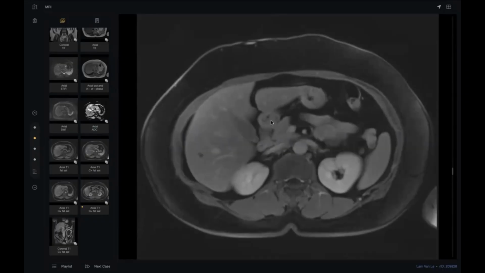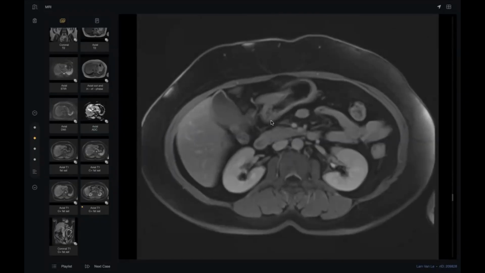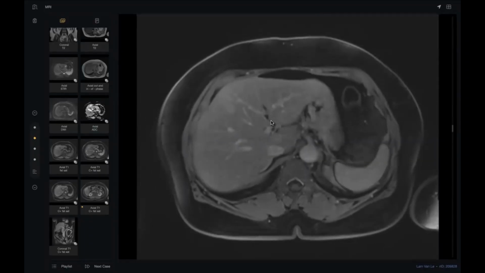The hepatocyte phase in Primovist is 20 minutes. In the older contrast, it was about 60 minutes and 120 minutes. This is according to the quality of the contrast and the ability of uptake by the hepatocyte. But now it is 20 minutes.